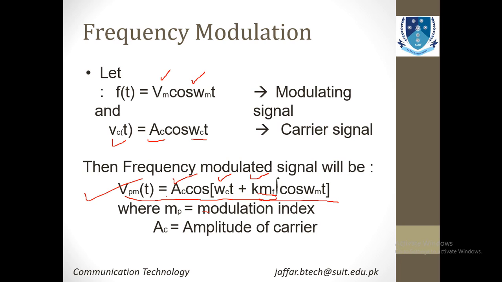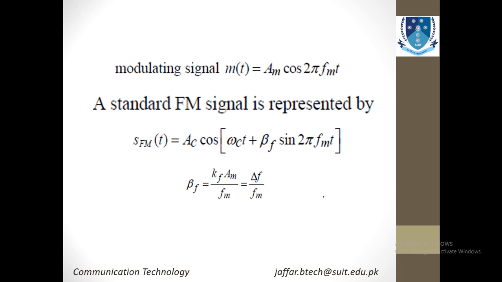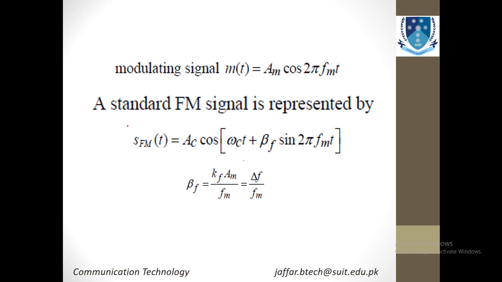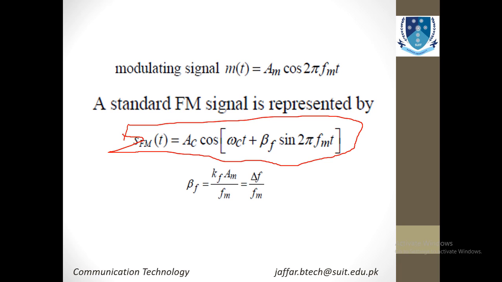This is the modulation index for the frequency modulation, and this is the angular frequency of that message signal. So the complete equation of the standard FM signal is represented by this complete equation. So this is the complete equation for one FM signal.